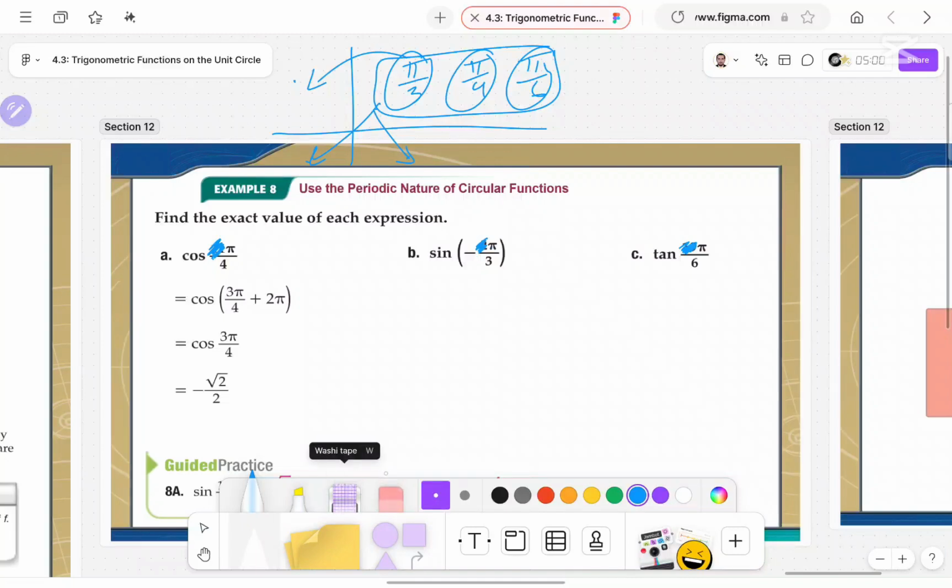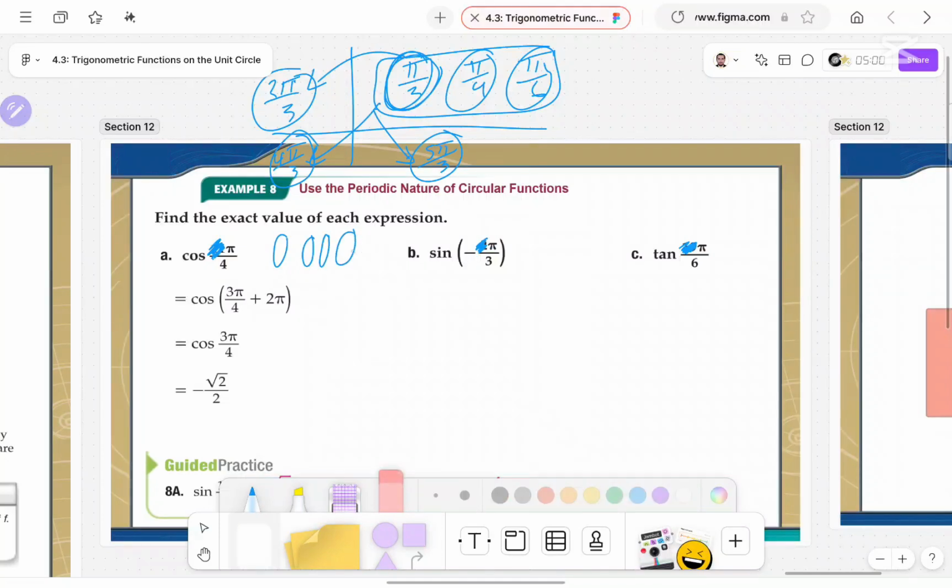So what you have to do is find exactly the angle in all the quadrants. For example, pi over 3 is in quadrant 1. In quadrant 2, it will be 2 pi over 3. In quadrant 3, it will be 4 pi over 3. In quadrant 4, it will be 5 pi over 3.